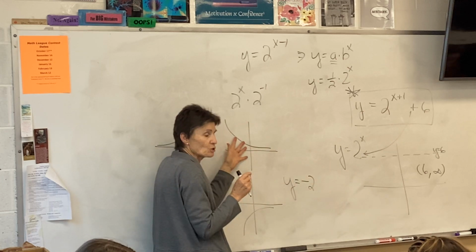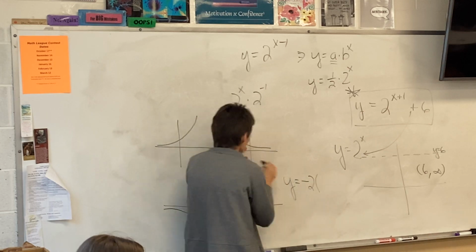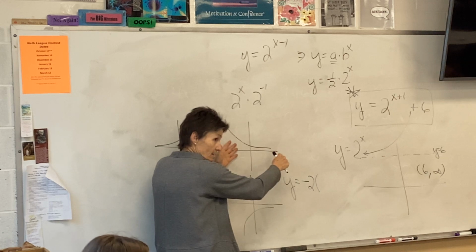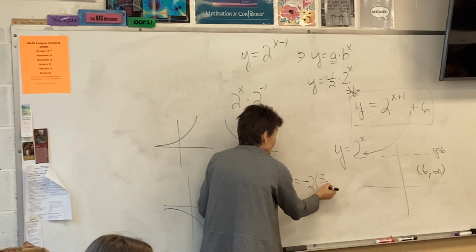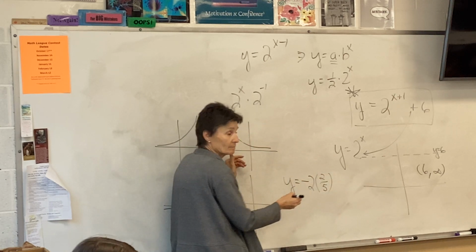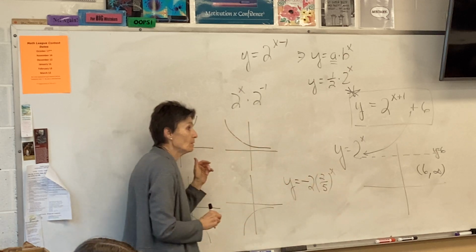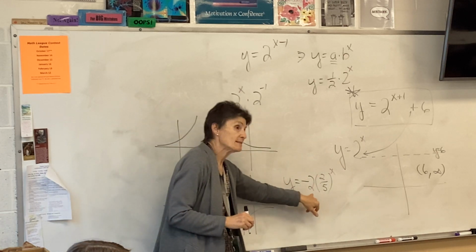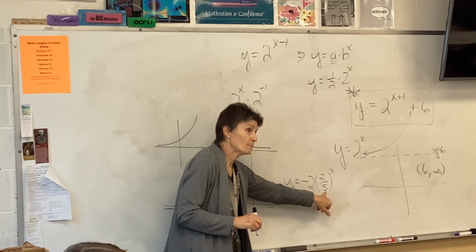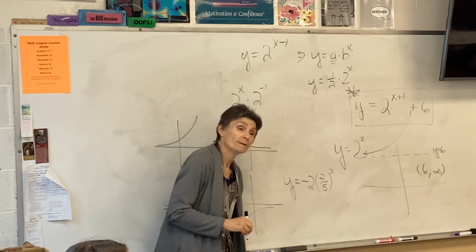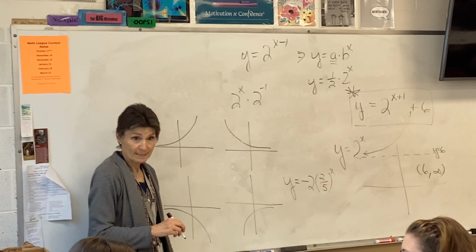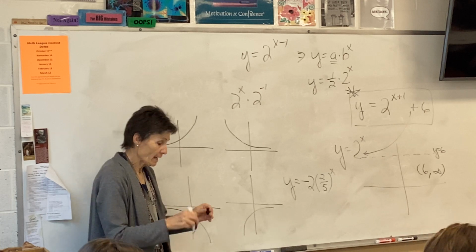And then my base has to be something like that. So there's an example. There would be lots of them. You just need this number to be negative and this number to be between 0 and 1. Everybody good with that? Okay.